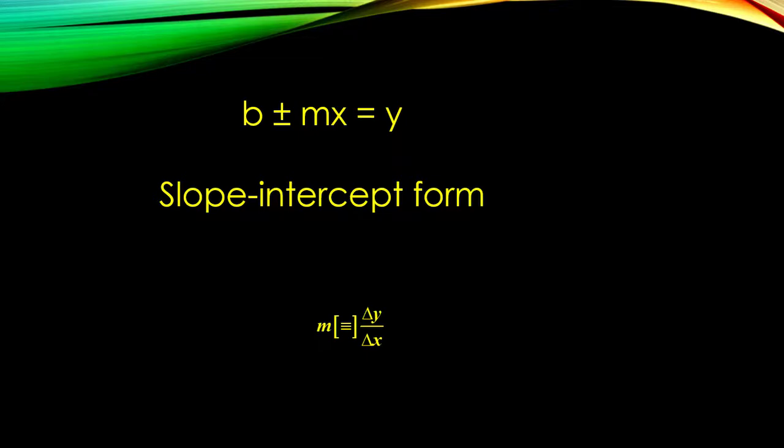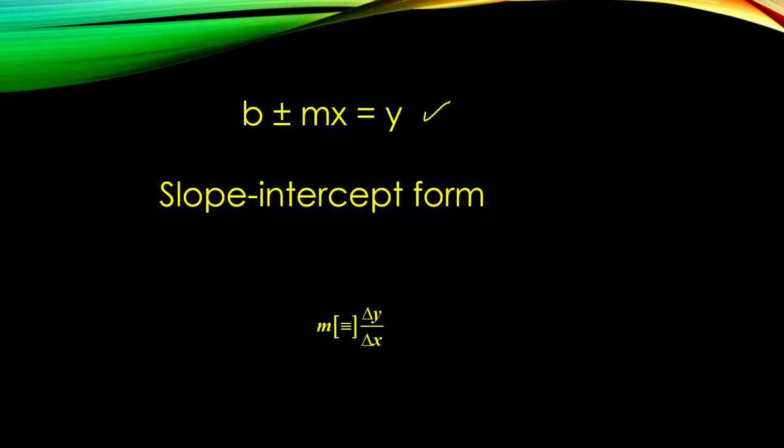For now, the linear equations that we're working with take this form: y equals B plus or minus mx. This is called the slope-intercept form.